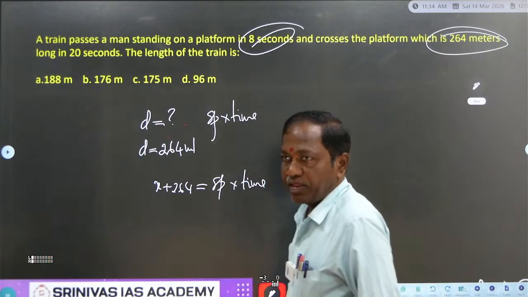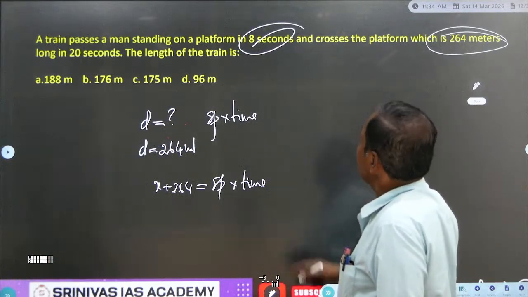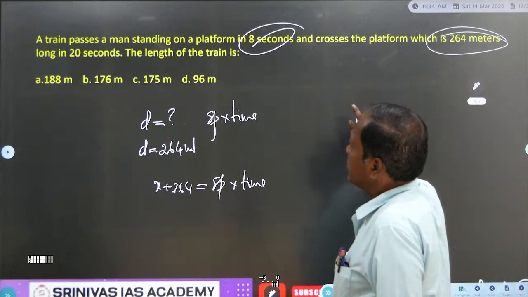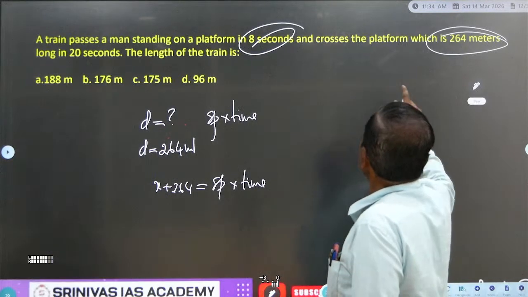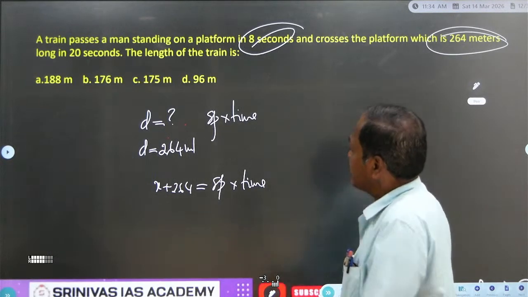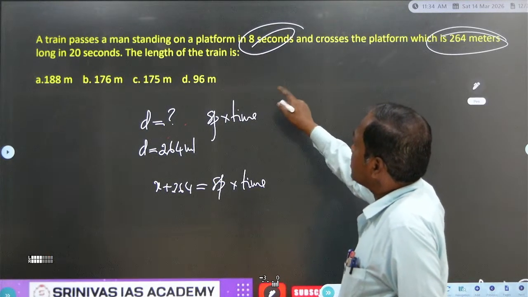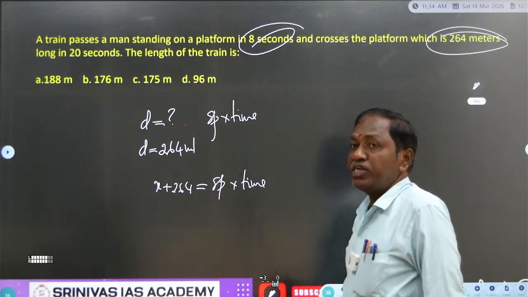Now speed, time is given, 8 seconds. Speed we do not know. Two times are given: crossing a man standing on the platform in 8 seconds, and crossing the platform in 20 seconds.